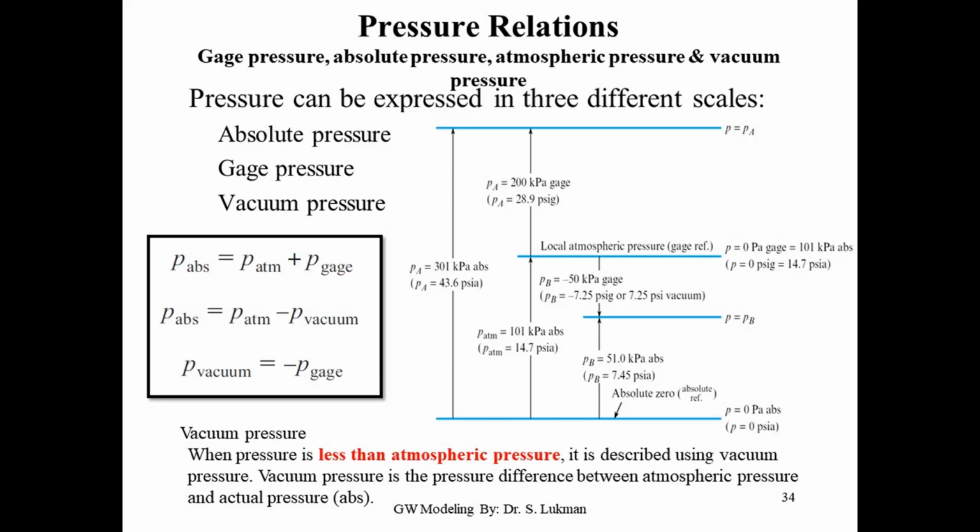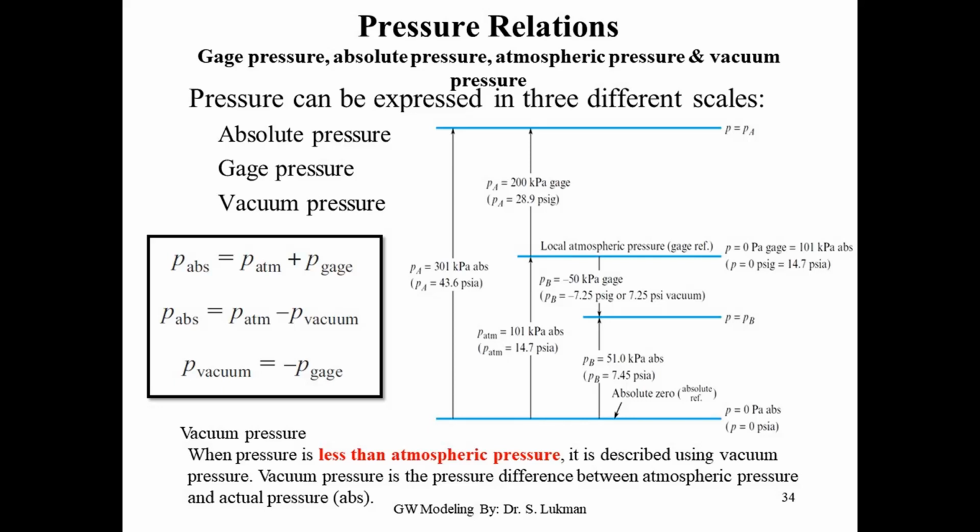At this level you have local atmospheric pressure, and it serves as the reference pressure for the gauge, because the gauge gives you the pressure above or below atmospheric pressure. That's why here it's written gauge reference point. Is that clear?